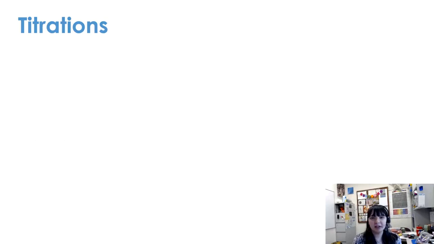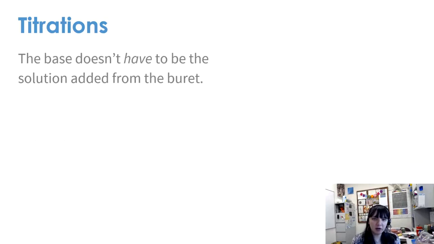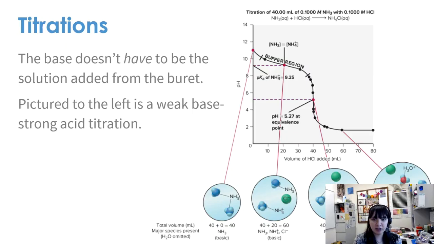So we can also consider titrations that are not a strong base being added to a weak acid. Instead, you could have a titration where acid is being added from the burette to the base in the flask. You can imagine what that would look like. I have right here a titration curve of a weak base, ammonia, being titrated with hydrochloric acid, a strong acid.